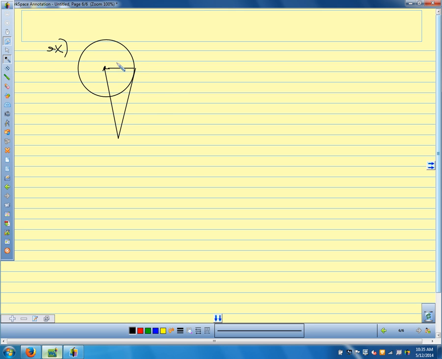We know that this is 5, this is 12, and this piece is 9. We want to know: is segment AB tangent to the circle?